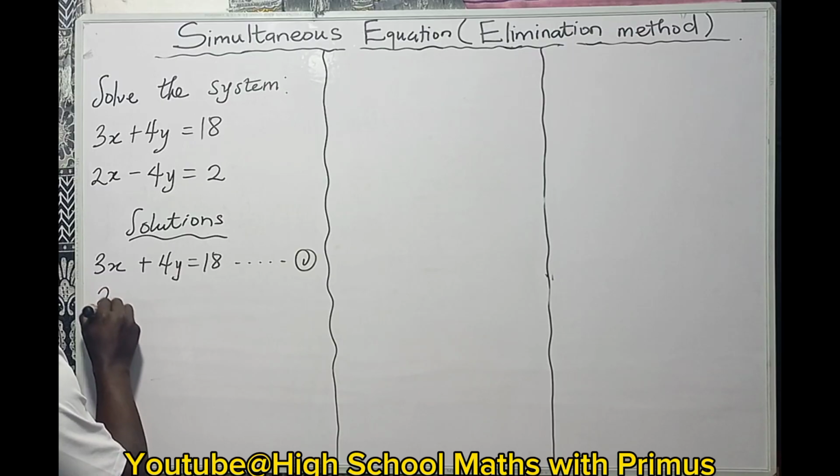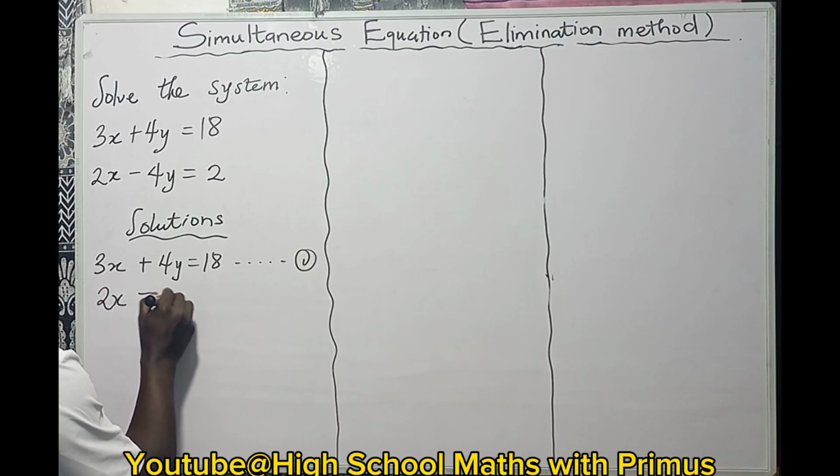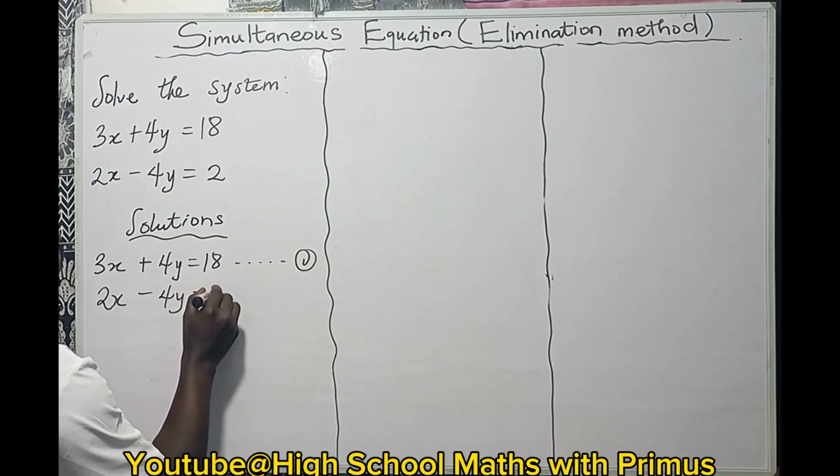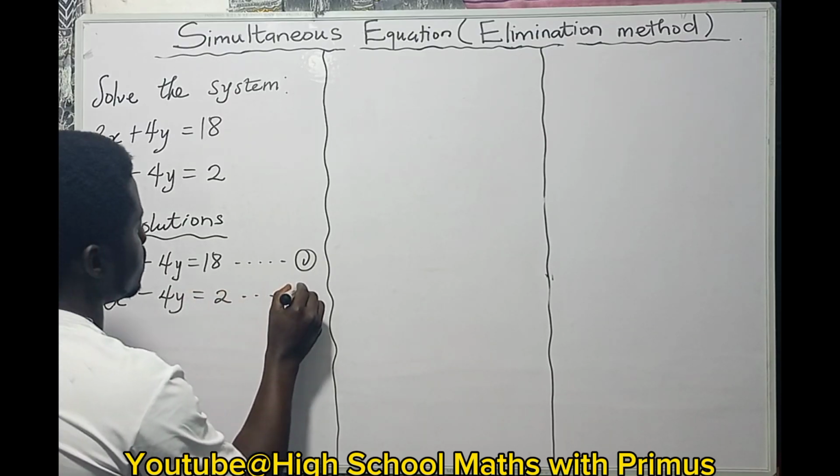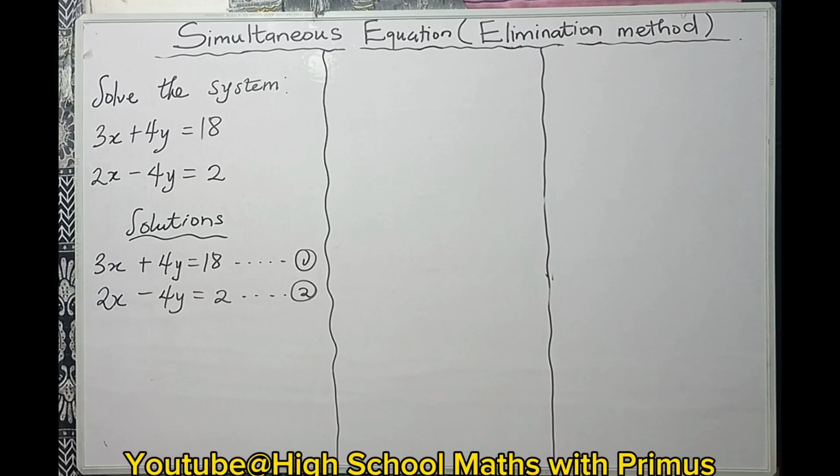And then 2x minus 4y is equal to 2, we label it equation 2. We are done with the first step. After the first step, we have to look for matching coefficients. In this, let's check for the coefficient of x.